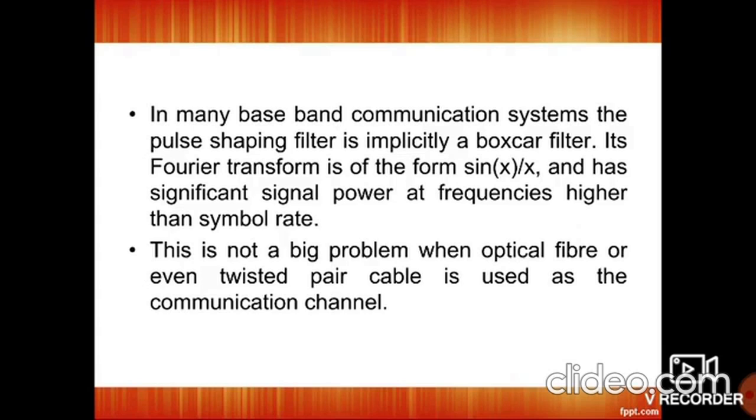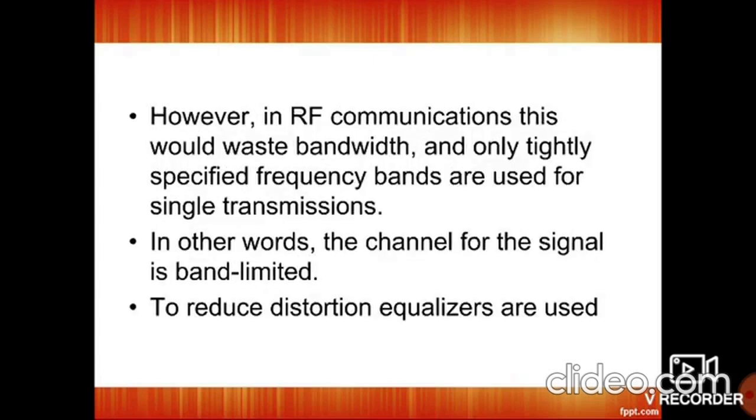The main important problem is that whenever optical fiber or twisted pair cable is used as the communication channel, the shaping of pulses is a little bit complex. The Fourier transform of sin x by x has significant signal power at frequencies higher than the symbol rate.